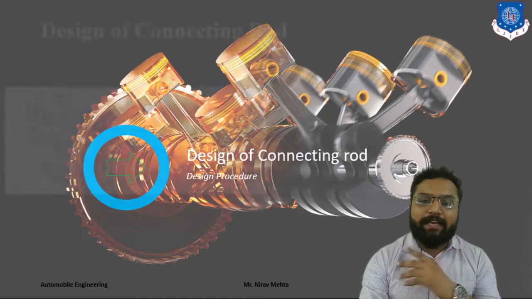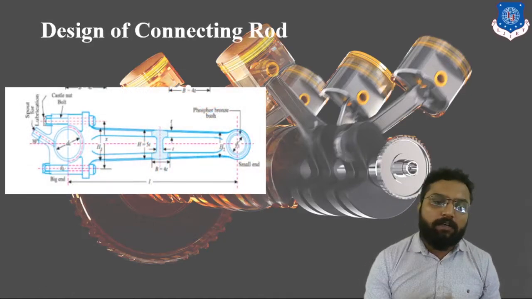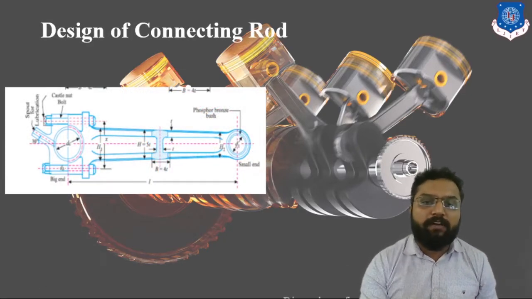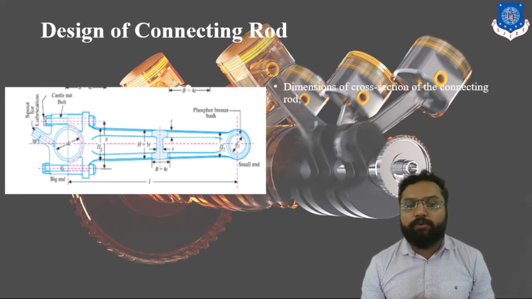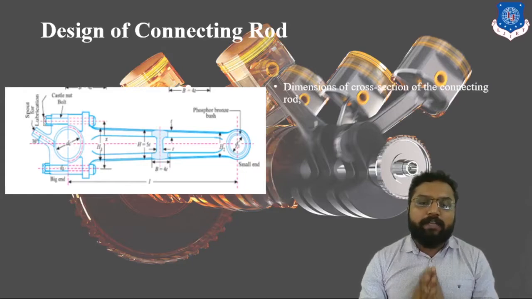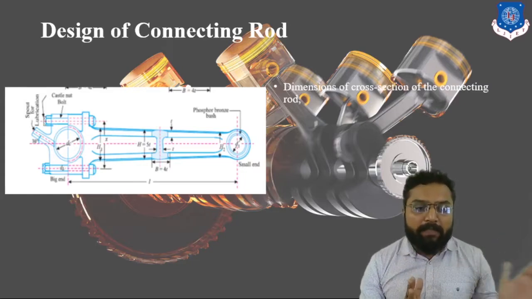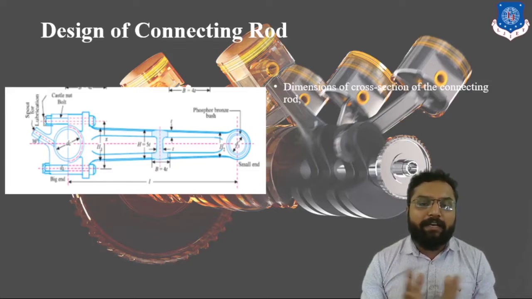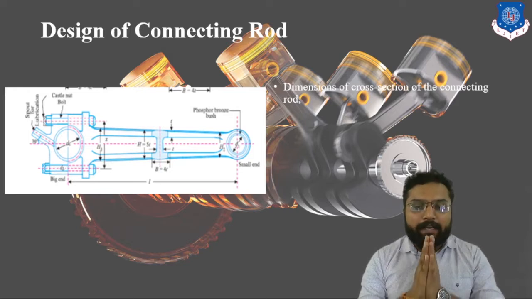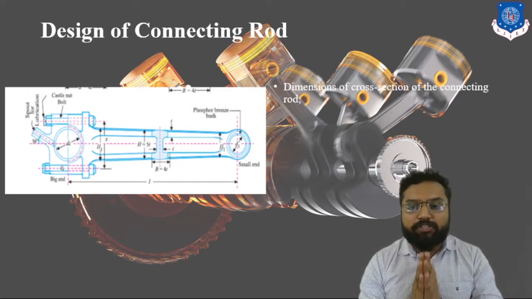To design this connecting rod, our first step is to understand what the connecting rod is and what different dimensions we are going to determine. The connecting rod is a connecting component between the piston and crankshaft. It is also subjected to buckling load because it is a structural part, considered as a short column.